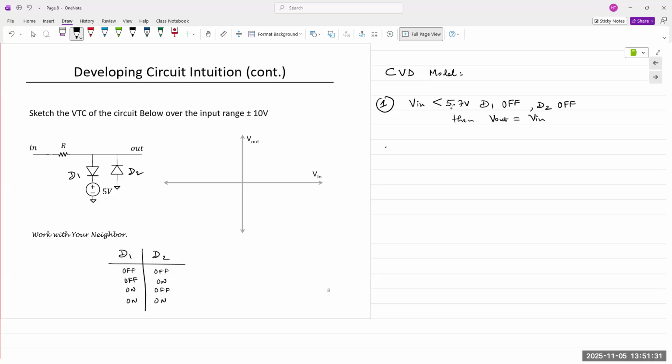But now, what does it require for D2 to turn on? Well, if V in falls below minus 0.7 volts, D1 remains off, D2 turns on. If D2 turns on, what is my V out?